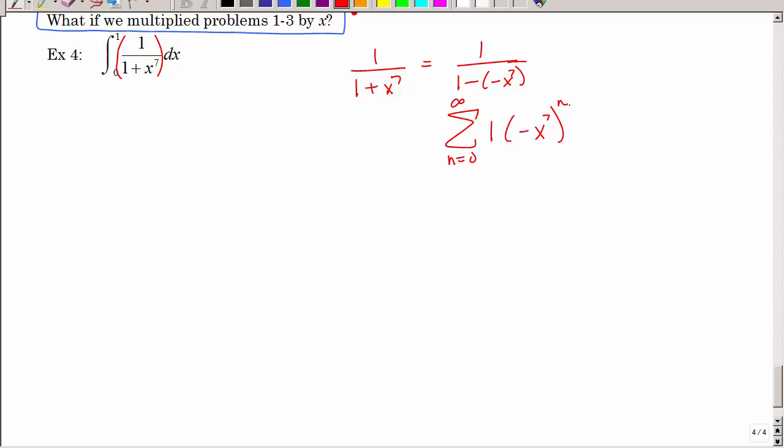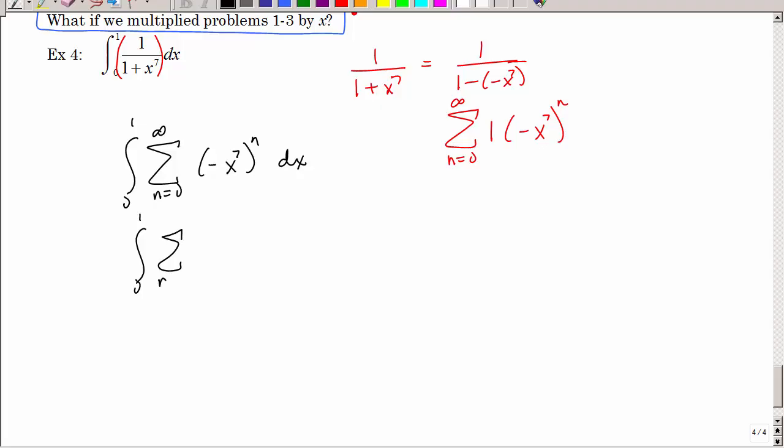So if I have a power series, I should be able to integrate it. So I want to integrate negative x to the 7th to the n power with respect to x. And what makes that easy is because integrating with the power rule is just a piece of cake. So again, I'm just going to rewrite this by taking out that negative 1 and rewriting negative 1 to the n and then x to the 7n.